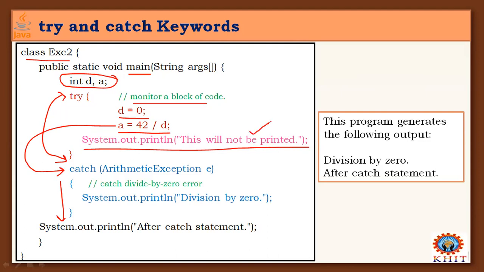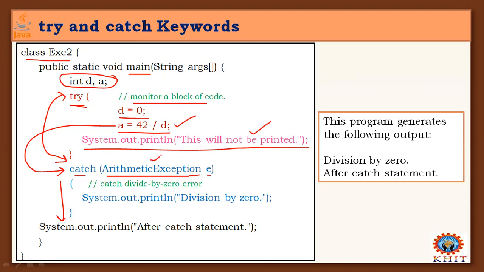For making confirmation, I have given this statement here. And inside this catch block, as a handler of the exceptions generated by this try block, I'm mentioning that this try block may generate an exception type like ArithmeticException e.